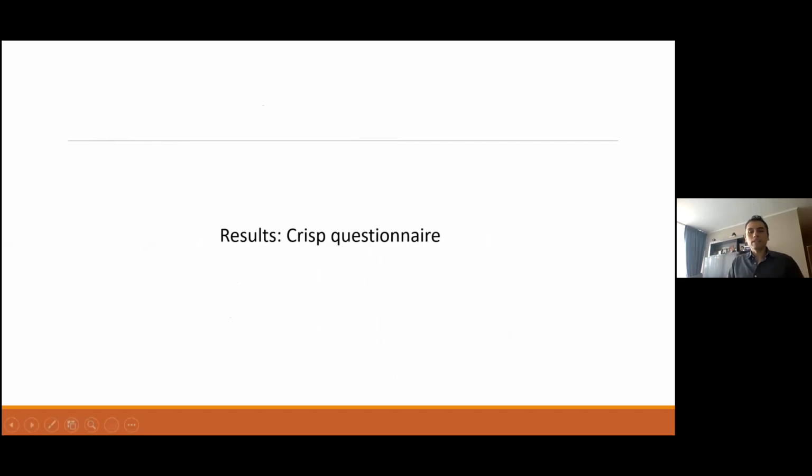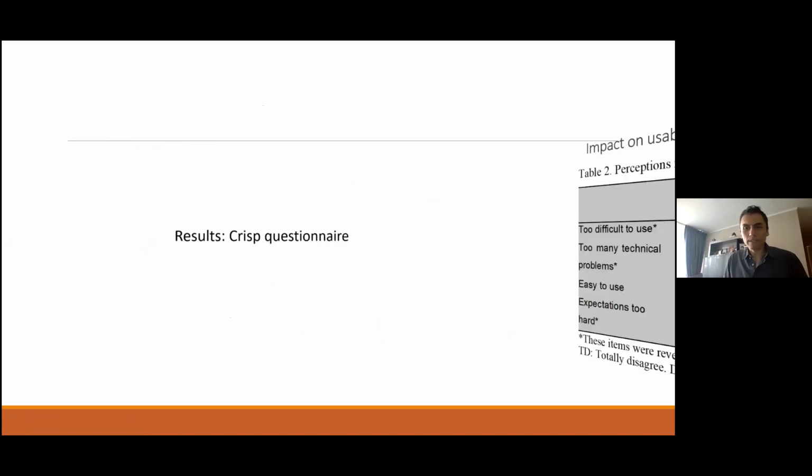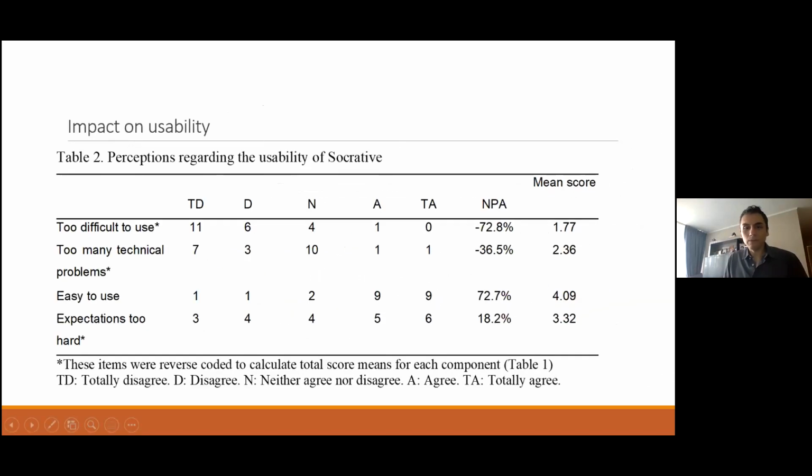In terms of results with this instrument, I'll tell you about some of the items. We can't really go through all of them. But in terms of usability, students were familiarized with these technologies, so it was quite easy for them to use the application.